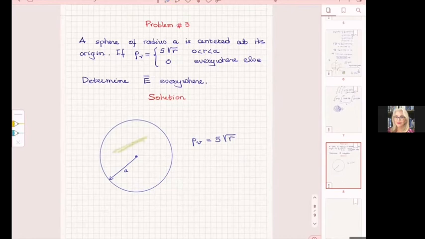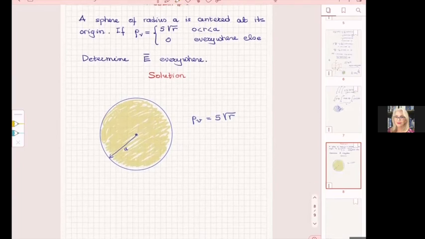So practically the charge is here, and we want to find the field everywhere. It's not any different from what we did before with the first problem.